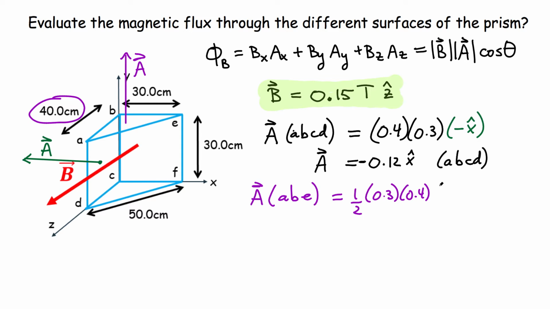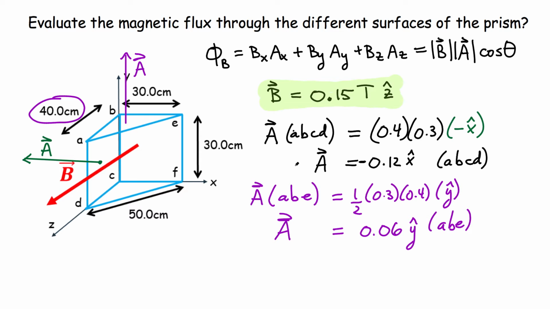That looks like it's the direction of the y vector. So at the end, you can multiply everything through. It's simply going to be half of the first one, except it's going to be a positive value, because this vector is pointing up. If you multiply this through, you should get 0.06. That's the magnitude, and the direction is in the y hat. And this will be the area ABE.